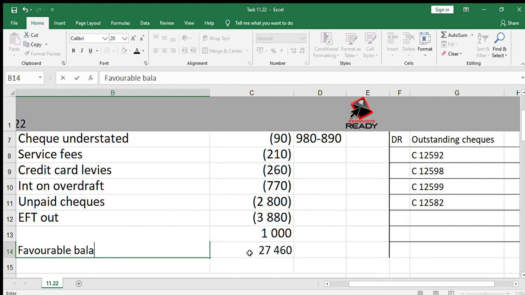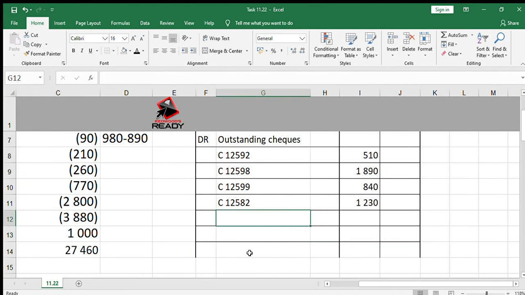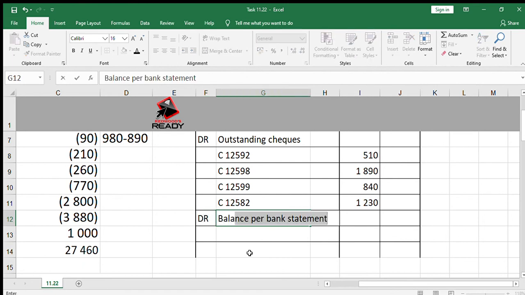So the bank account actually started off with an unfavorable balance at the beginning of the month, but is now a favorable balance at the end of the month. So because it's favorable, we'll say debit balance, this time it's per bank account.